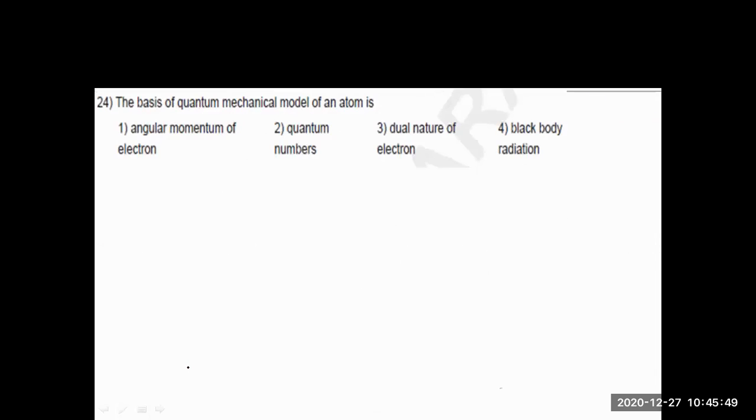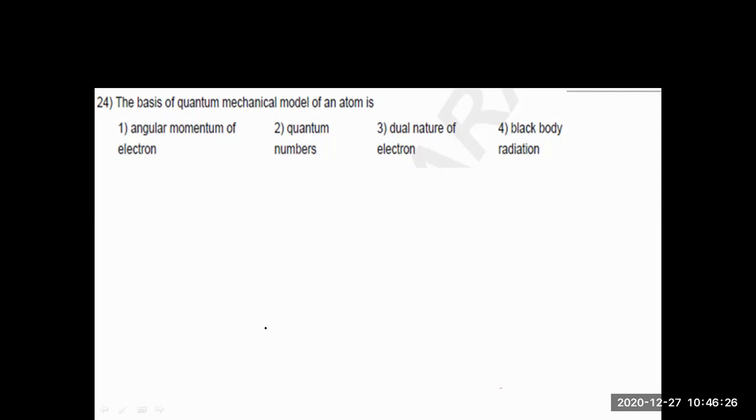24. The basis of quantum mechanical model of an atom is? Dual nature of electron. So till quantum mechanical model, the wave nature of material particles was not considered. After de Broglie's matter wave and Heisenberg uncertainty principle, quantum mechanics was developed. Then Schrodinger wave equation comes, where the atom structure was given considering the dual nature of all the particles.